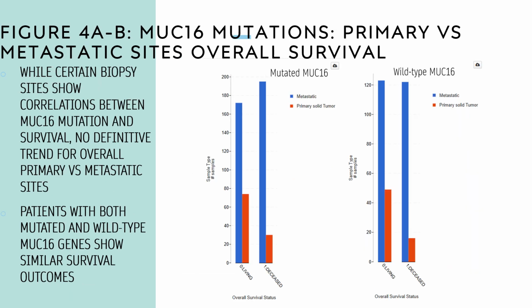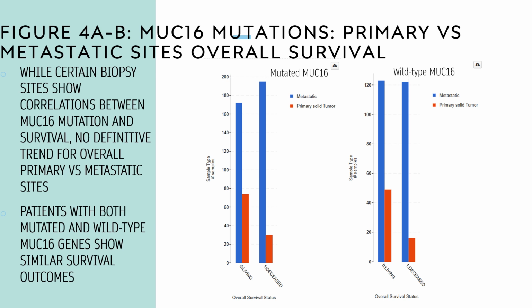Contrast between the metastatic lymph node sites and the skin sites for the tumors, let me explore the overall relationship between the MUC16 mutations at primary versus metastatic sites. While certain areas of biopsy, again these lymph node sites, showed a really strong correlation between MUC16 mutations and the survival status of the patients, we're not seeing this relationship throughout all metastatic sites from the data set here.